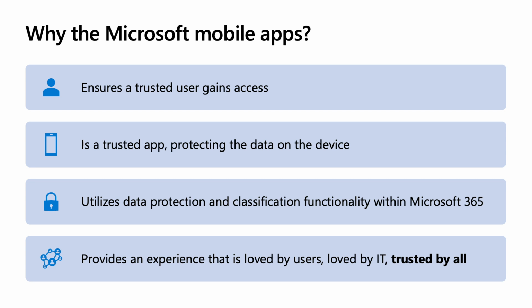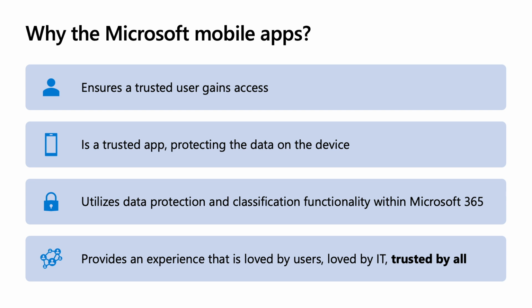This aligns with three key pillars. First, in order to gain access to the data, we need to ensure that that user is trusted. We need to know who that user is, what they've done, and what they're attempting to do. And then finally, we need to be assured that prior to granting access, the data will reside in an app on a device that is trustworthy.